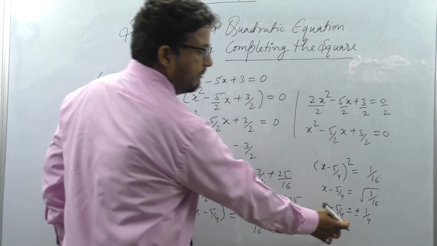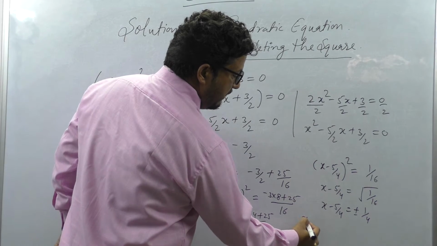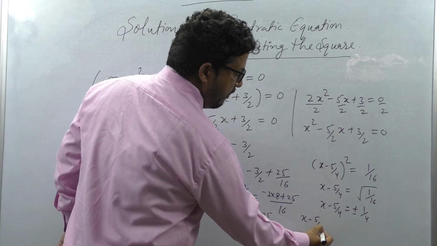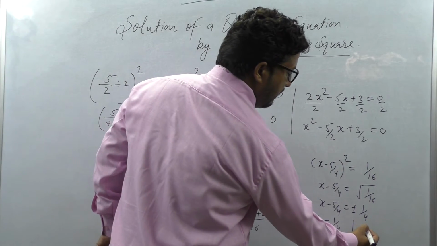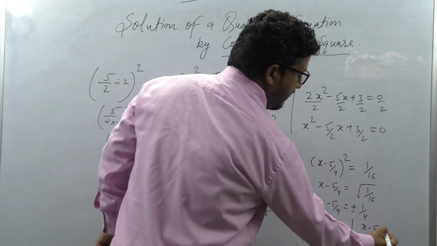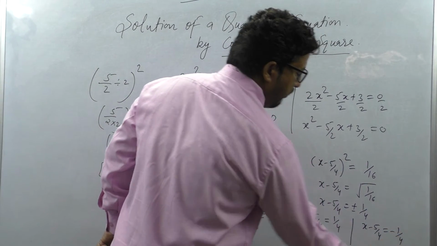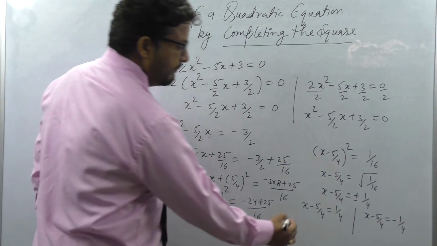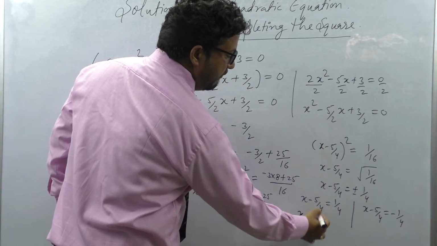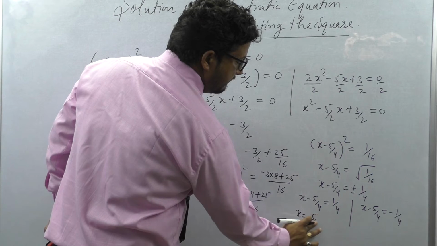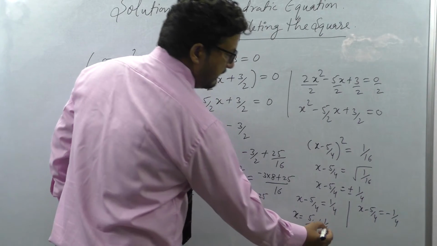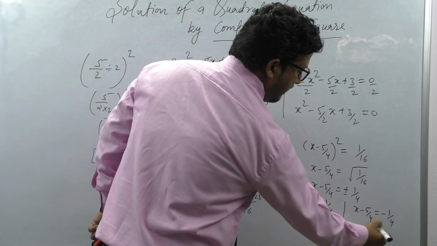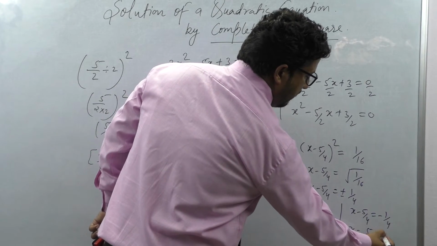Now we have written plus minus, which means we have to compare two times. One is x minus 5 by 4 equals 1 by 4, and secondly x minus 5 by 4 equals minus 1 by 4. Now you have to calculate this value. If you shift 5 by 4 to that side, it becomes plus, so x equals 5 by 4 plus 1 by 4, and the other is 5 by 4 minus 1 by 4.